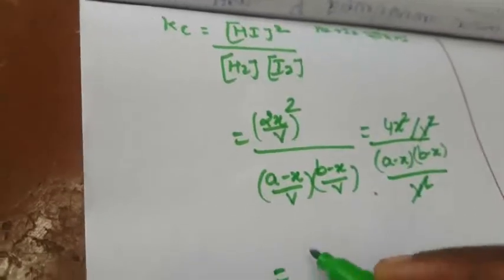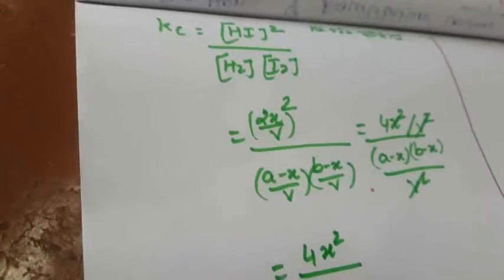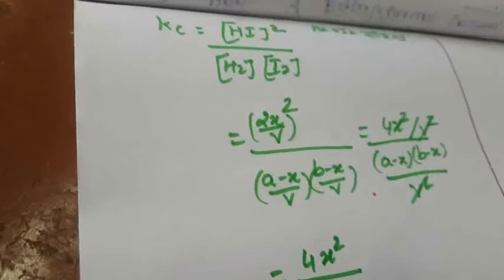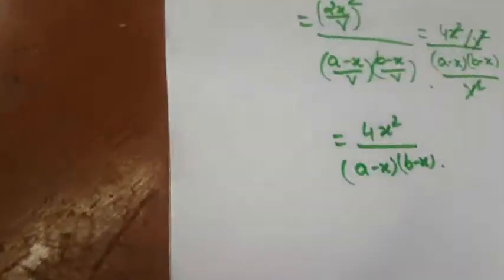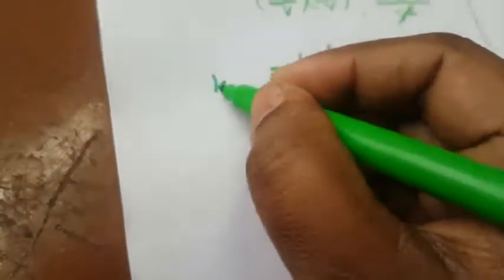This equation becomes 4X square by A minus X into B minus X. So this is the Kc. We already know that. What is Kp? Kp is equal to, this is Kc, right?